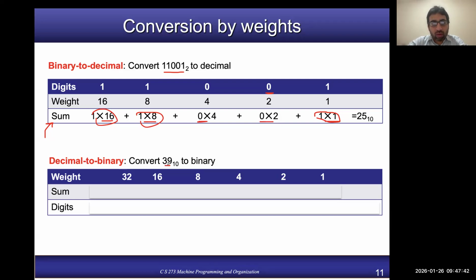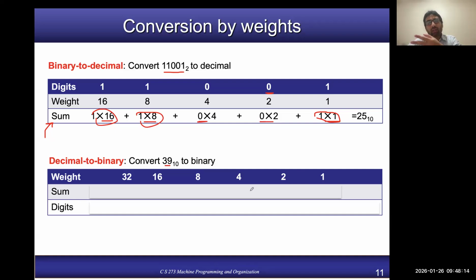What you need to do is first write the weights up to the point where you get a weight which is smaller than your number. So what is our number which we want to convert? 39. So we wrote all the weights 1, 2, 4, 8, 16, 32, but we stopped at 32. We didn't go to the next one, which is 64. Why? Because 64 is greater than 39, right?